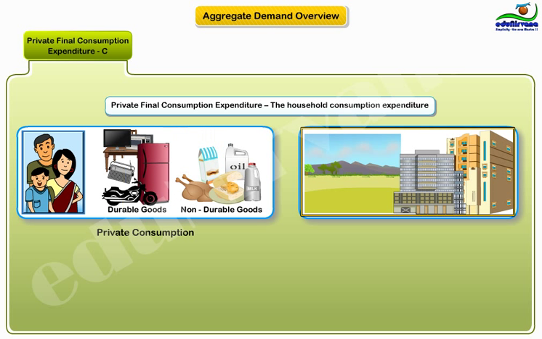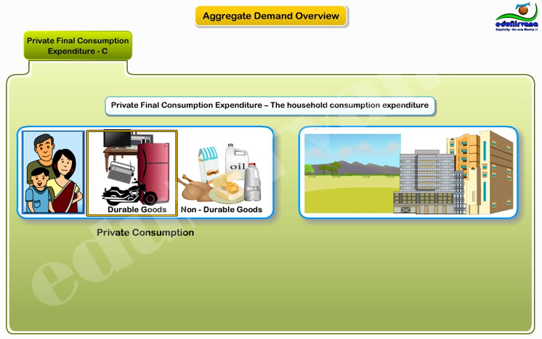The durable goods are defined as those whose lifetime is more than 1 year and consist of items such as furniture, radios, televisions, automobiles, etc.